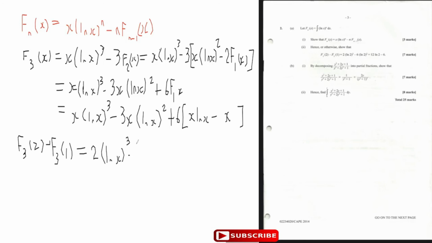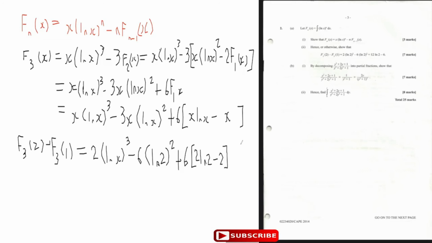Minus 3 times 2 is 6, so you get 6 times ln 2 squared plus 6 times, in open brackets, 2 ln 2 minus 2, close that bracket.